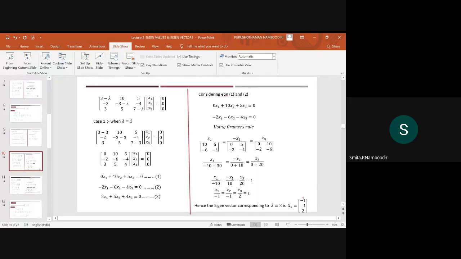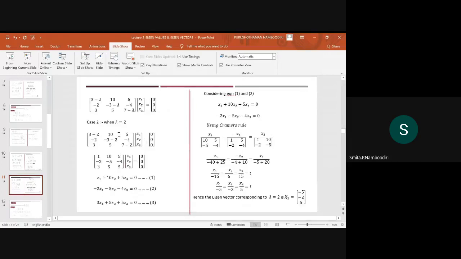We had 3 roots, but out of that, 2 was repeated 2 times, which means we have to calculate only for 2 eigenvalues here: lambda equal to 3 and lambda equal to 2. So for lambda equal to 2, putting lambda equal to 2 in the equation A minus lambda I into X equal to 0.